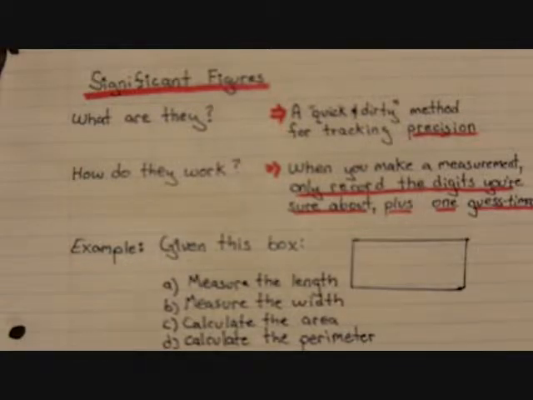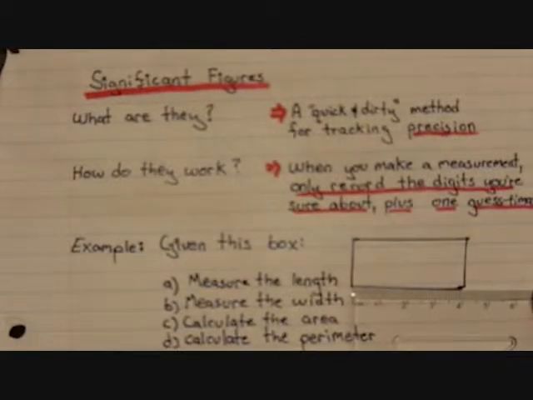So for example, let's take this box. If we want to measure the length of the box, let's put the ruler up to it. It might be hard to see over the screen, but I'm a bit closer, and I can tell it's definitely bigger than 4. It's definitely bigger than the 0.2, and it's somewhere between 4.2 and 4.3.